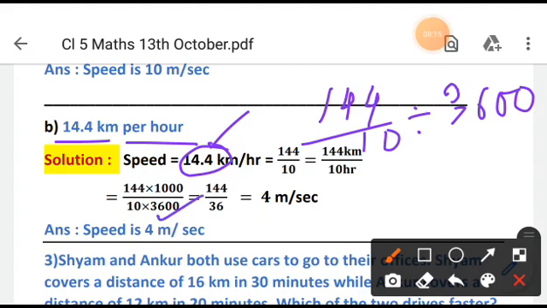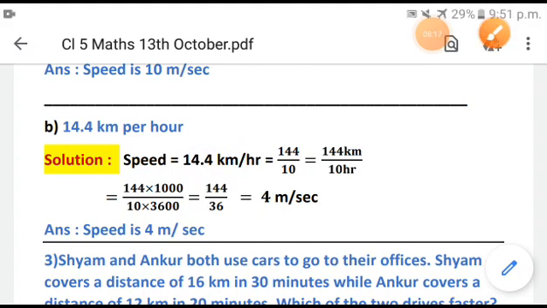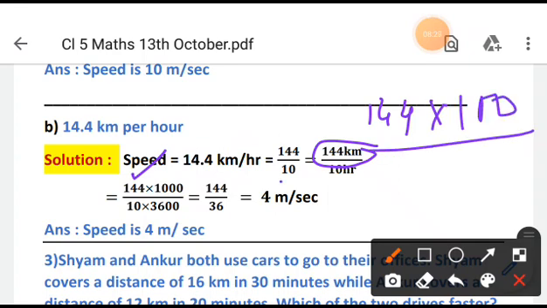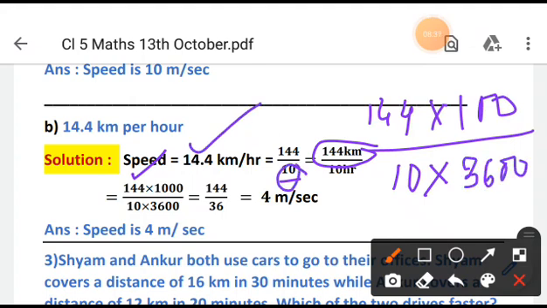Then after that you do the cancellations. Here it is given 144, and the distance is given in kilometer, you are converting into meter, that is 144 into 1000 by, here in the denominator you have 10, so 10 into 3600. Why 10? Because here the decimal we have converted into a simple fraction, then we have divided by 3600, right?